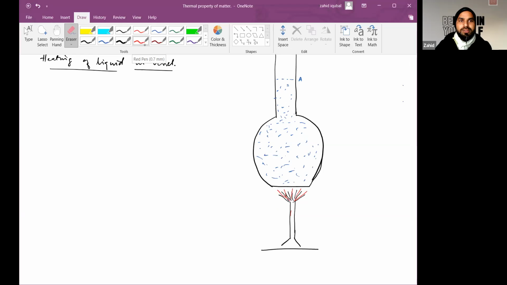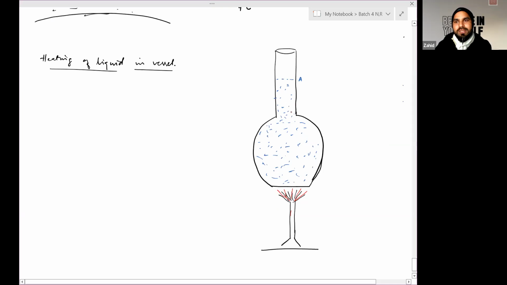We are not considering water at temperature 0 degrees Celsius to 4 degrees Celsius. On heating, this vessel will expand. And on expanding, will the volume of the vessel increase or decrease? Volume of the vessel will increase. Hence, the level of liquid first decreases. Is it clear?